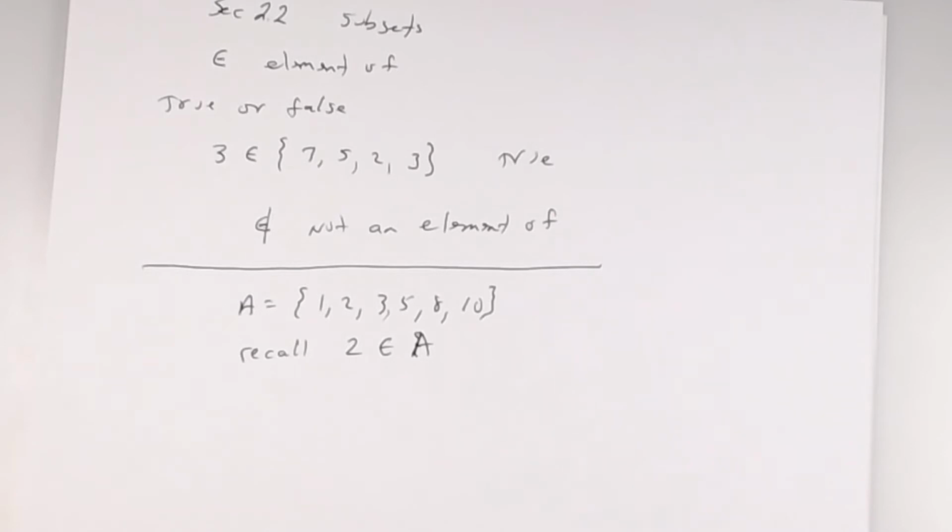Okay, but let's talk about subsets though. Now remember we're asking, is this set a subset of the other set. So if I'm talking about sets, I've got to write it as a set. So here's the difference in terms of notation.